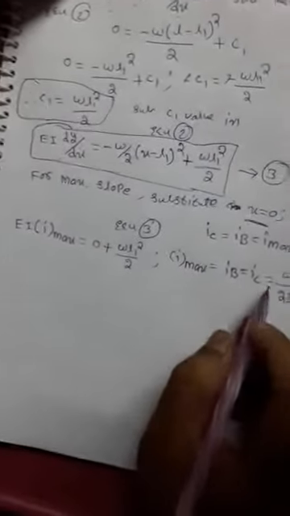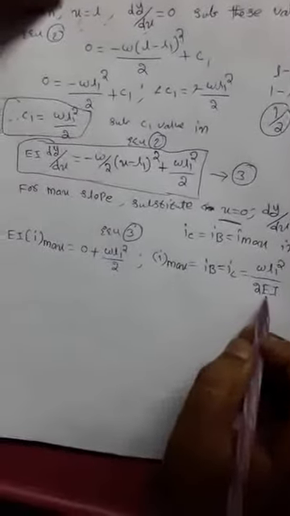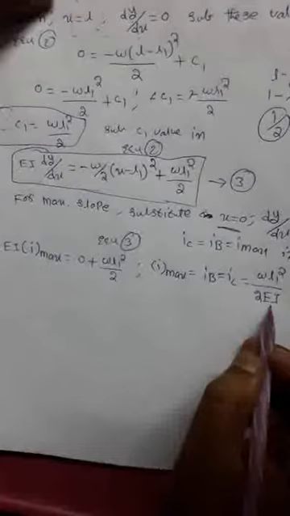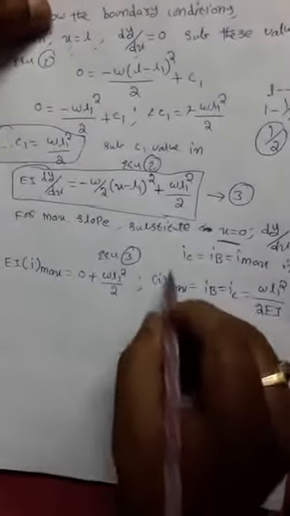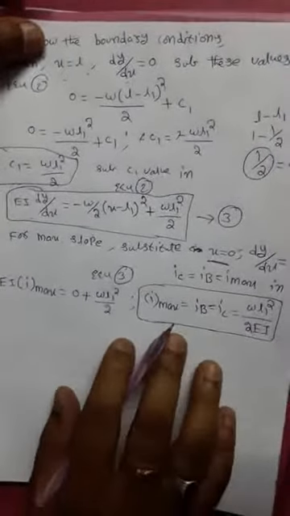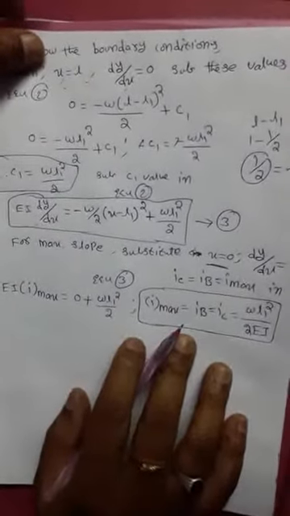Here EI comes from the left side, so on the right-hand side it is placed in the denominator. EI is nothing but flexural rigidity. So this is the formula for finding the maximum slope for the cantilever.